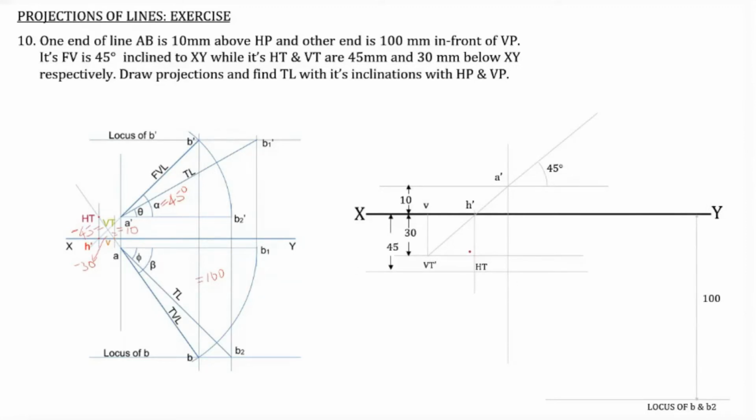So we already have V and HT. If we join V and HT and extend it, obviously we will get the top view also.